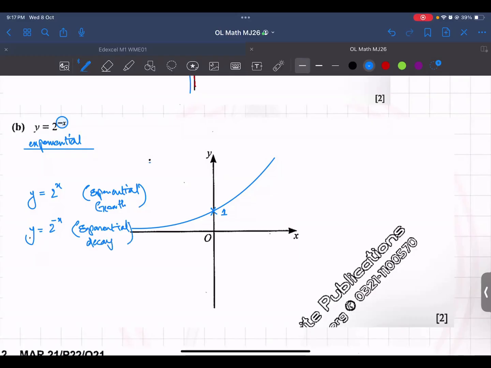Exponential decay means that now it would start with a higher value, a bigger value, and then it would come towards 0. So this is the curve for 2 power minus x. This is exponential decay, when your power is negative.